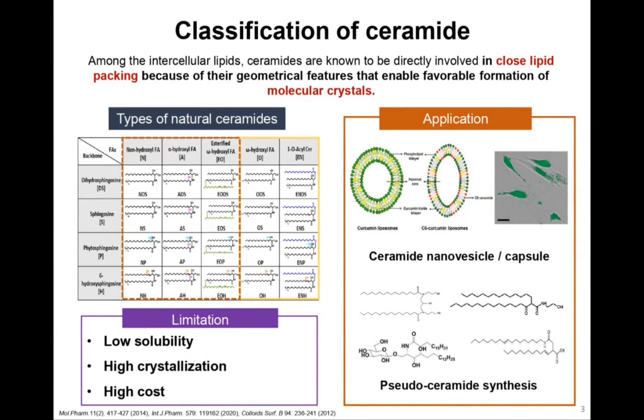In addition, the ceramide NS, non-hydroxy sphingosine, has orthorhombic or hexagonal chain packing depending on the chain length, and ceramide NS with short chains results in denser lateral packing than that with long chains.